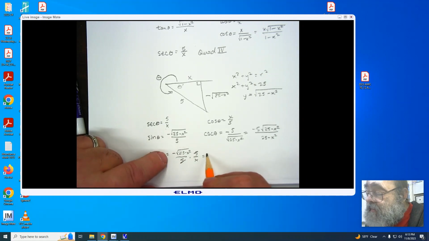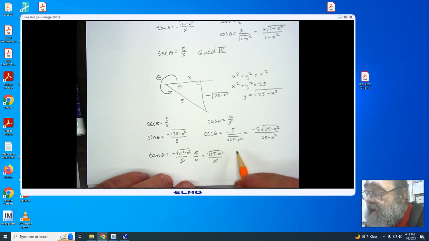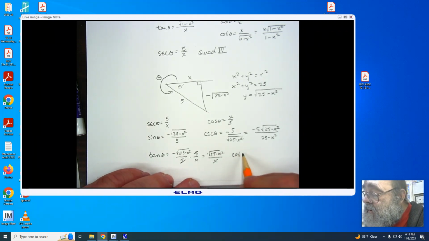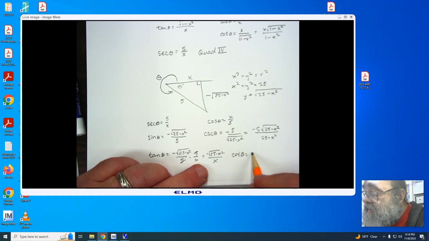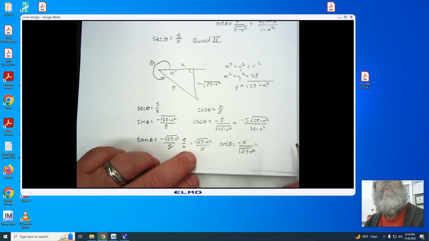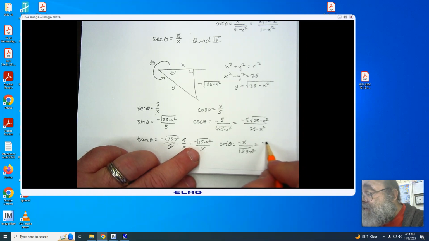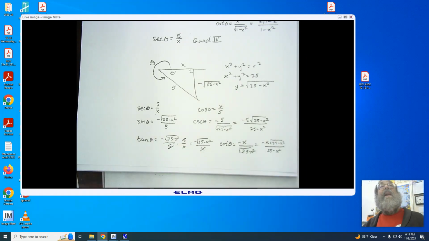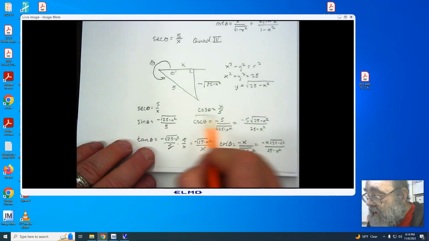My ratio becomes negative square root of 25 minus x squared all over x. This is then going to make my cotangent of theta, and that has to be negative x over the square root of 25 minus x squared, and we have to get the radical out of the denominator. So I have negative x square root of 25 minus x squared all over 25 minus x squared. And I now have all 6 trig ratios.